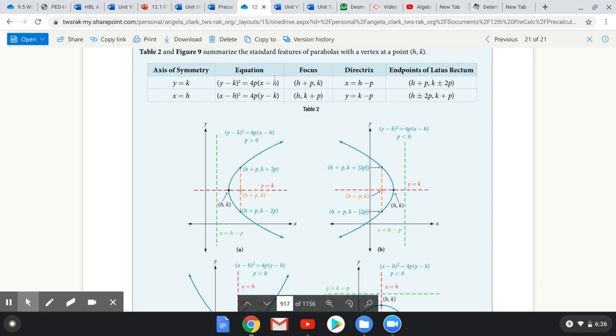It's just set up a little bit differently. But it's the same concept. Y coordinate of the vertex, x coordinate of the vertex, and so on. So it's pretty similar. And then of course you just go P from wherever your vertex is to get to the focus, and then the other direction to get to the directrix. So same deal. So I'm not too worried about that.